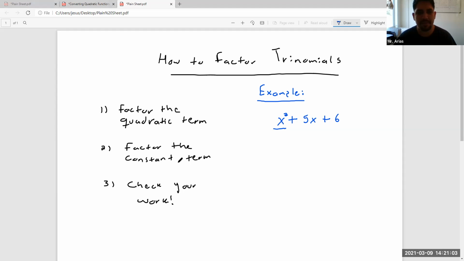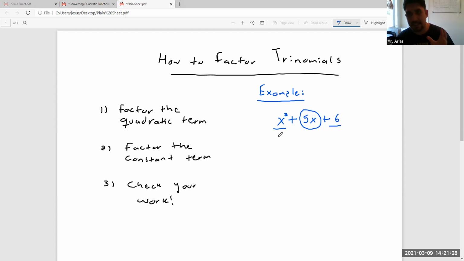Then the second step is going to be to concentrate on factoring the constant term. So the constant term is basically the positive 6 that is hanging around by either adding or subtracting at the end of the expression. And then lastly, we're going to be checking our work, which basically means that we're going to use this value, which is the linear term, 5x, to check that this factorization that we eventually get is the one that we need, okay?